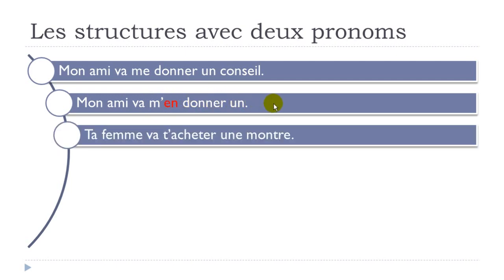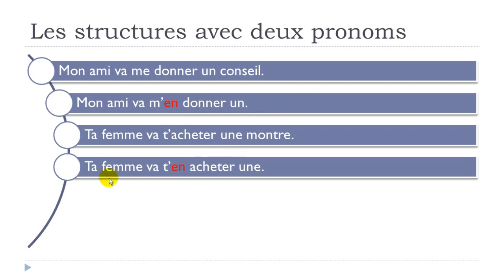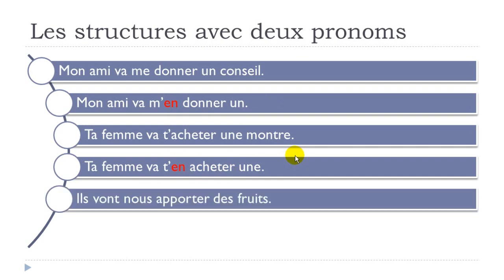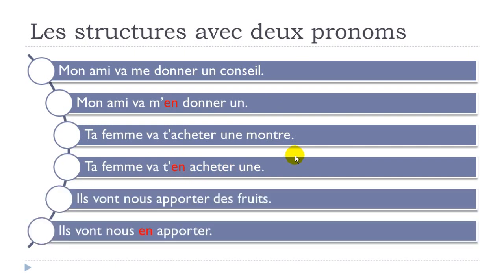Ta femme va t'acheter une montre. Exactly the same rule. Ta femme va. So you've got first your verb here, then te, but the e is going away, en, and the second verb, acheter, une. Ils vont nous apporter des fruits. Ils vont nous en apporter. So that's the only thing that you should remember.